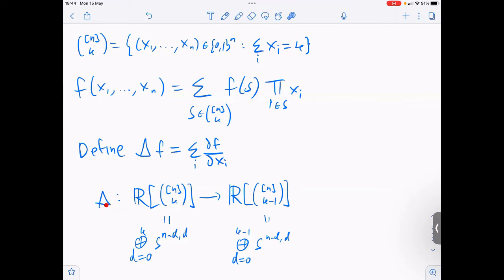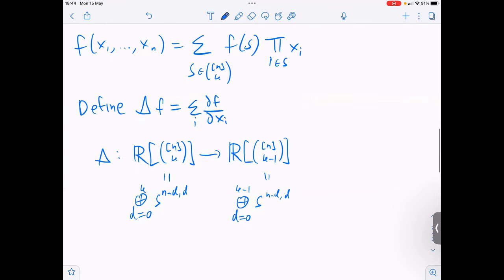Now, it turns out that this operator delta has full rank, and you can see this using something we'll see later on. And this implies that if you take the kernel of delta, then you get exactly this Specht module, which is missing from here. Okay, so it turns out that this Specht module S^(n-k,k) is the kernel of delta.